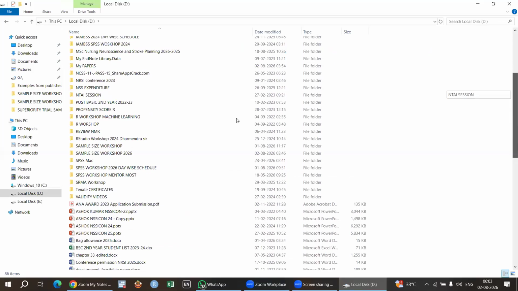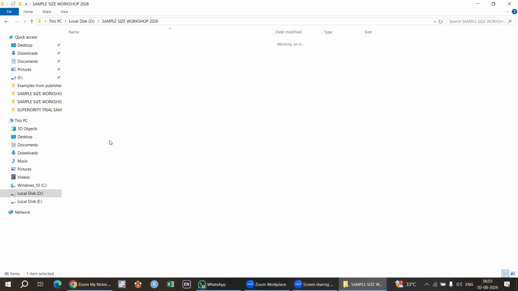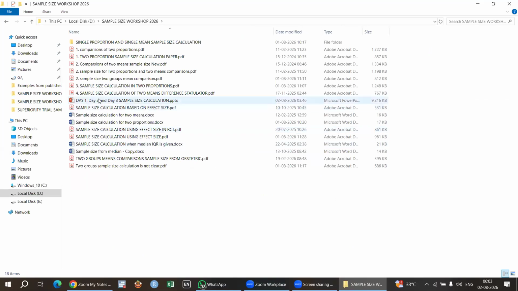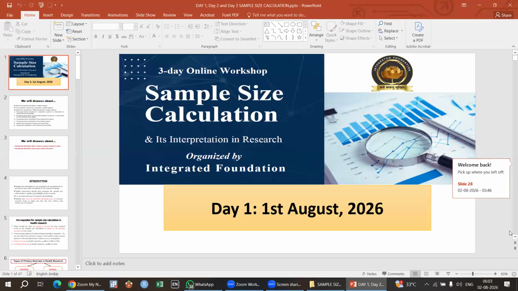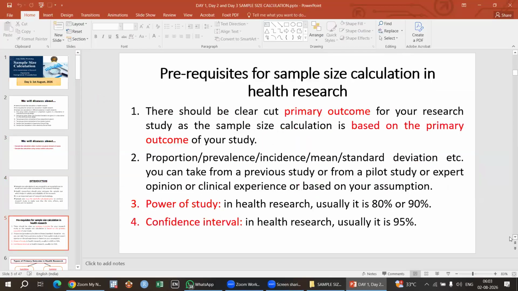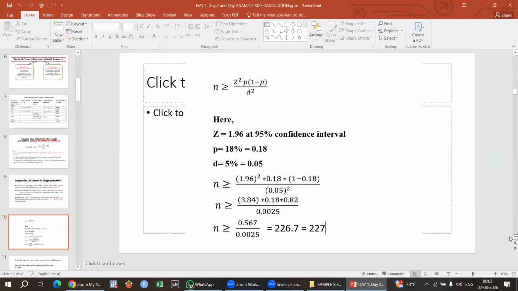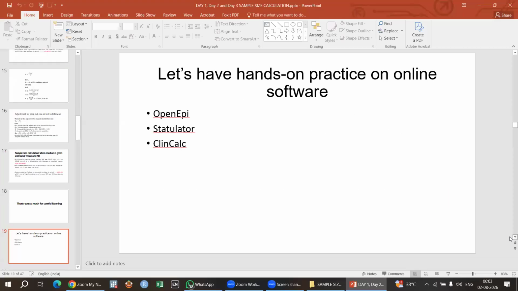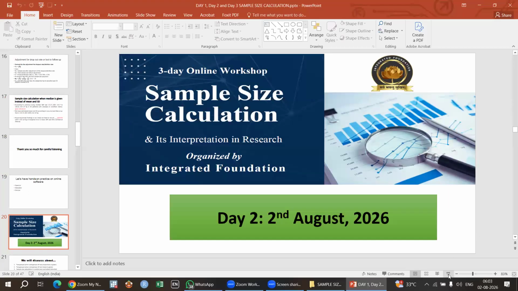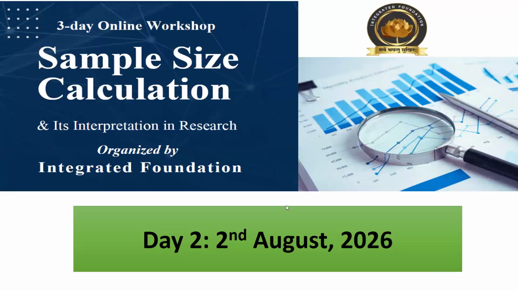So it's day 2 of the sample size workshop. Sample size calculation, day 2.